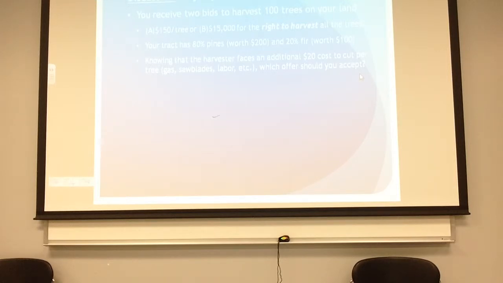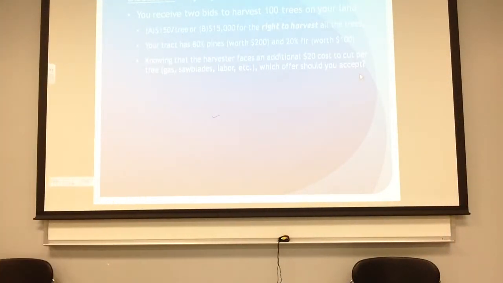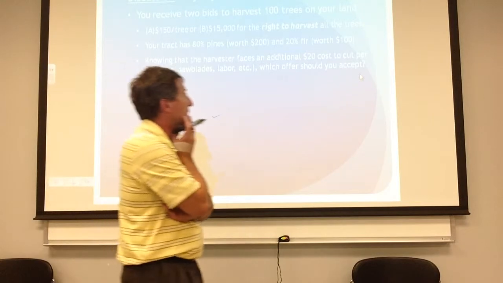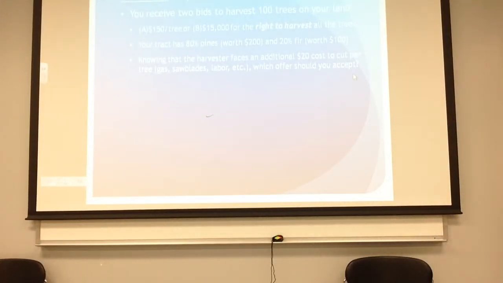So you receive 2 bids to harvest 100 trees on your land. One's $150 a tree. One's $15,000 for the right to harvest all the trees. Knowing that the harvester faces $20 cost to cut, which offer should you accept, you being the landowner, in order to maximize profits? What's a better deal for you?